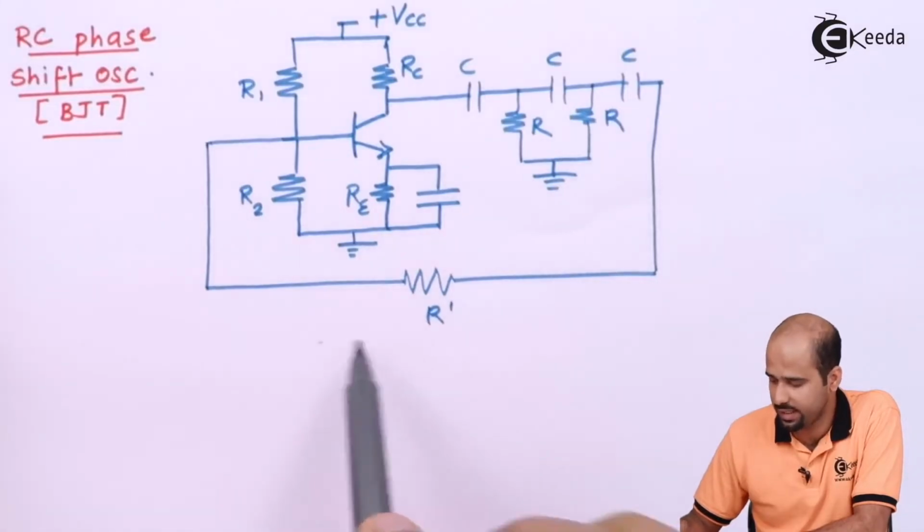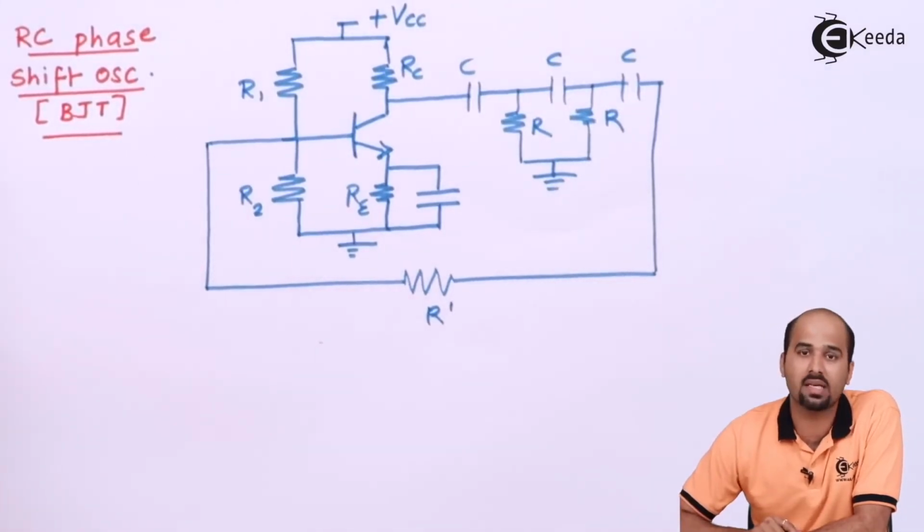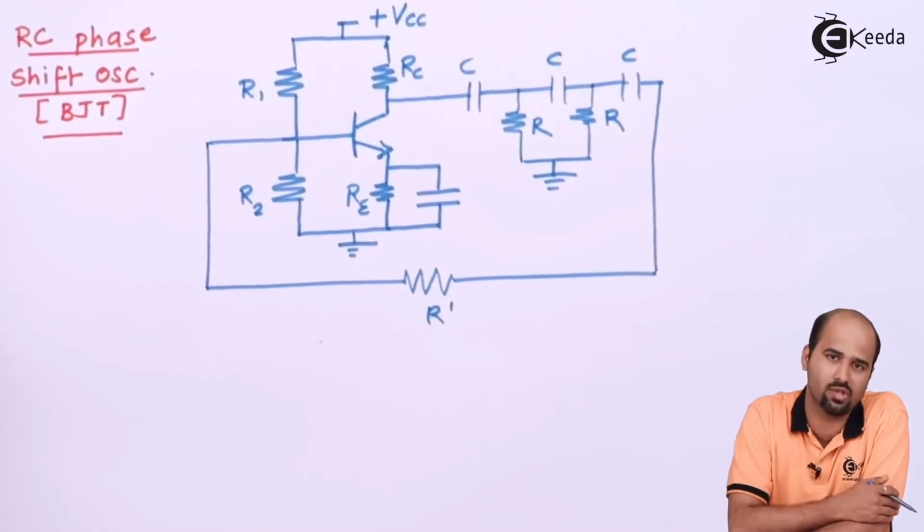So I get a 3 RC network in cascade to get 180 degrees more phase shift. In all you get 180 plus 180, that is 360 degree phase shift, to obtain the circuit as an oscillator and to fulfill the Barkhausen criteria.